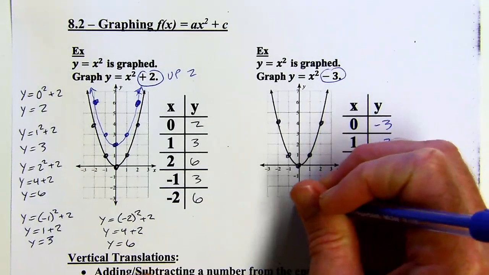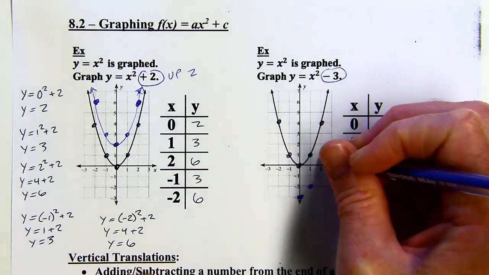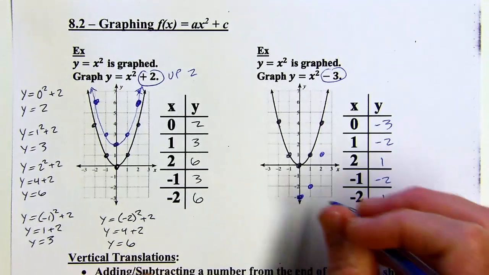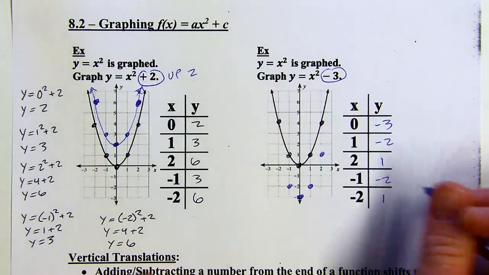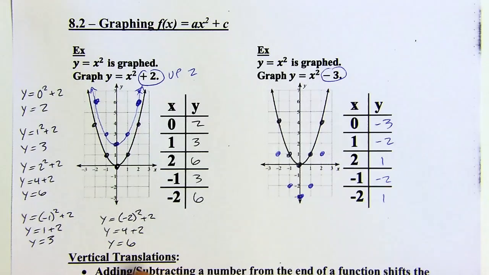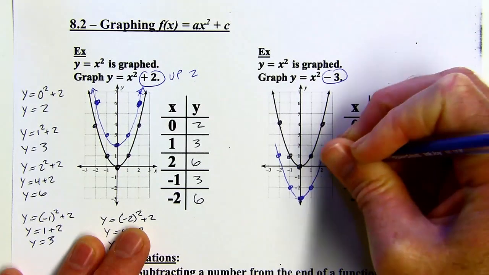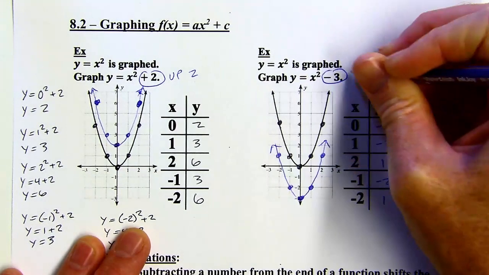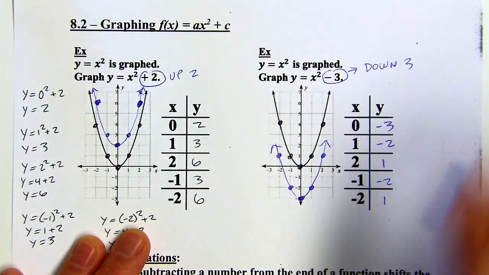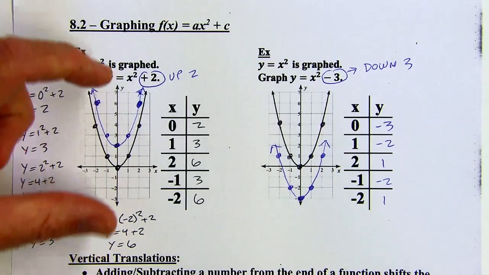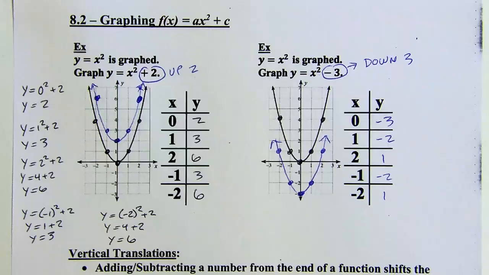Okay, so let's try plotting these. I get 0, -3, 1, -2, and 2, 1. And then going to the left, -1, -2, and -2, 1. And as you probably guessed, this is going to mean the whole parabola is shifted down 3 units. So when you have a positive number, it's going to shift your whole parabola up, and when it's a negative number, it's going to shift the whole thing down.